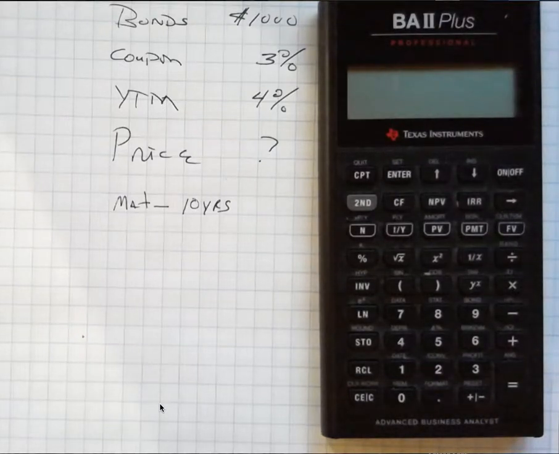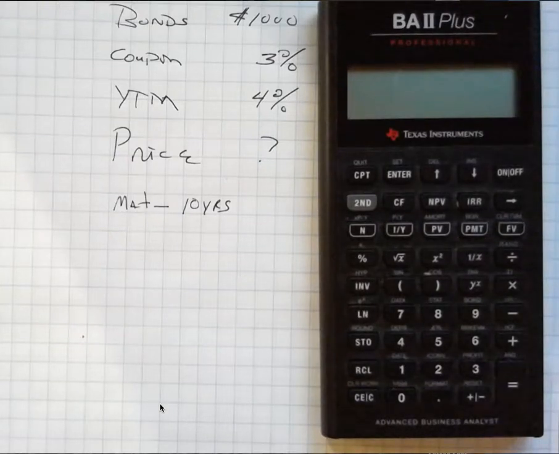Like in this example, the bond was issued for $1,000. The coupon was 3%. If its yield to maturity was 3%, the price of the bond would be $1,000. You would not have to calculate the price. You know that. One other thing, when we look at the coupon and the yield to maturity.